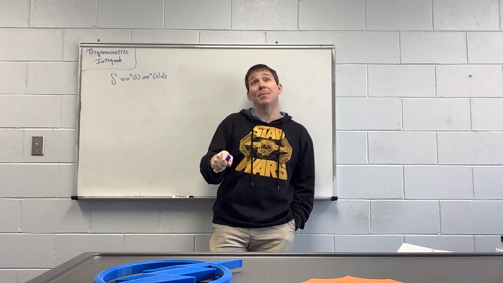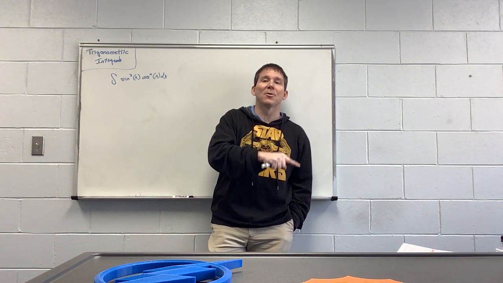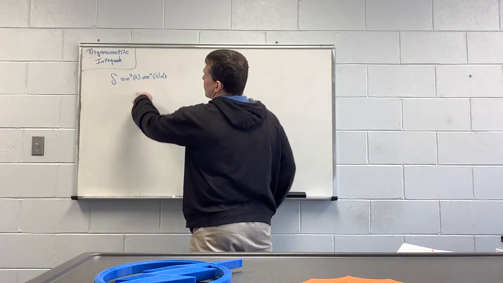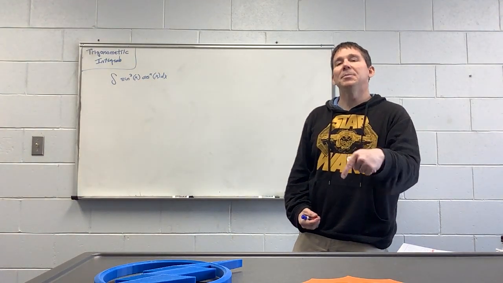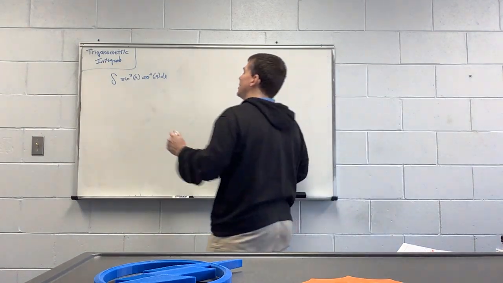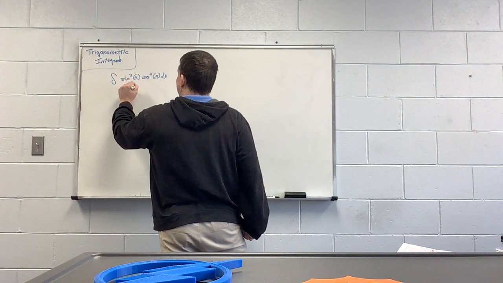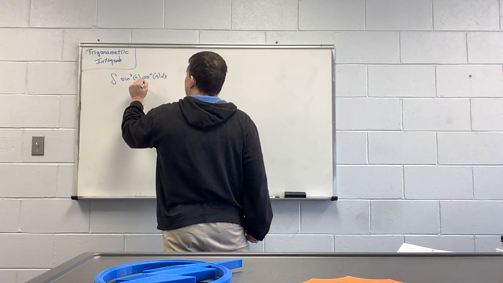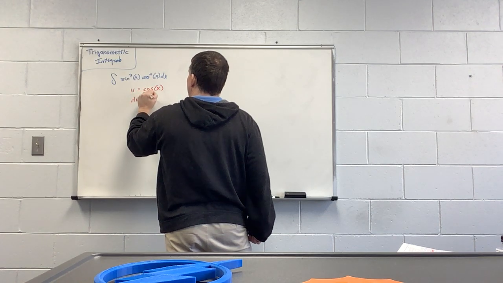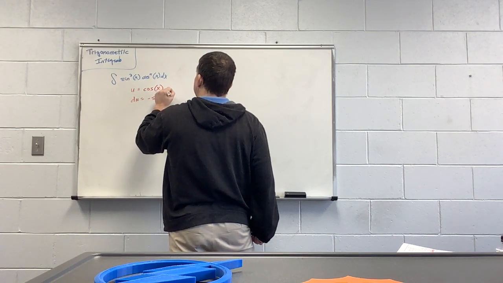So what I really care about is the extra terms floating around. In this case, there's an extra sine floating around, which tells me that will be my du, which then tells me my u. So for this, I'll write u equals cos x, du is negative sine x dx.